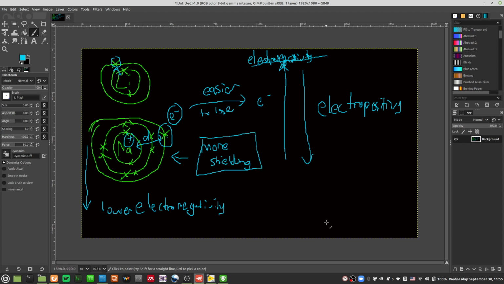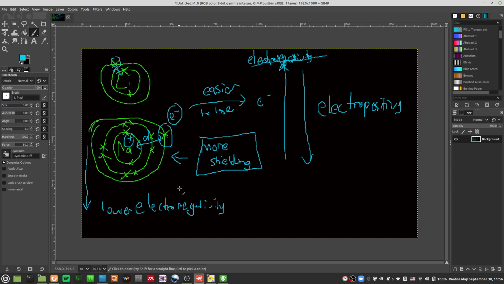Most if not all of chemistry has a lot to do with how these electrons behave. It's just the positive and negative charges and how they interact with each other. This law of attraction and repulsion is what actually determines how the whole periodic table behaves, pretty much.